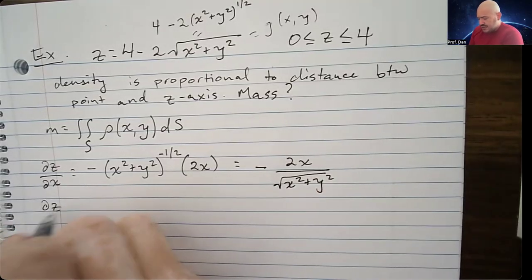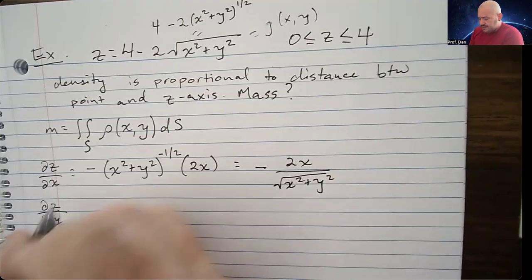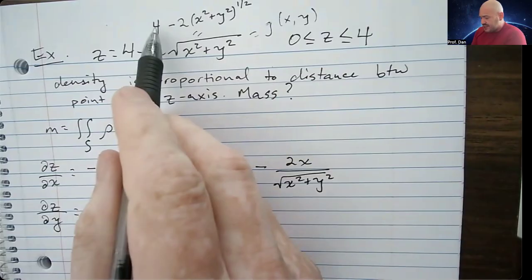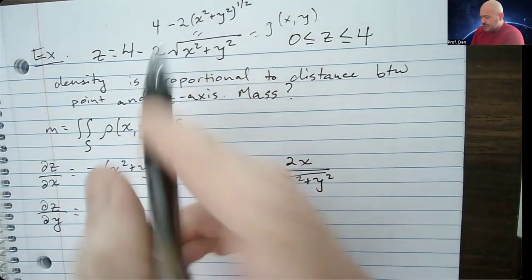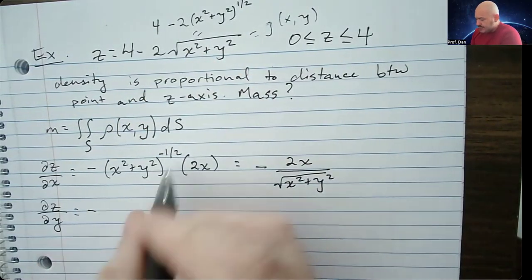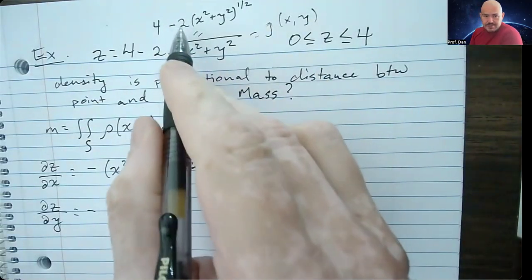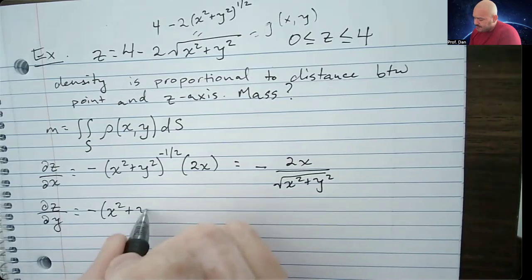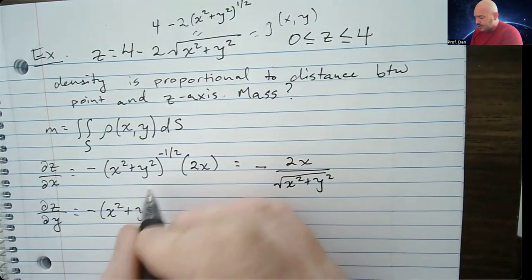So we're going to need the partial derivative with respect to y now, and it's going to be the same story. That's going to be 0. I'm going to have to do my chain rule with this one. So bring the 1/2 down, that becomes -1. Leave the inside exactly the same because you never change the inside with chain rule.